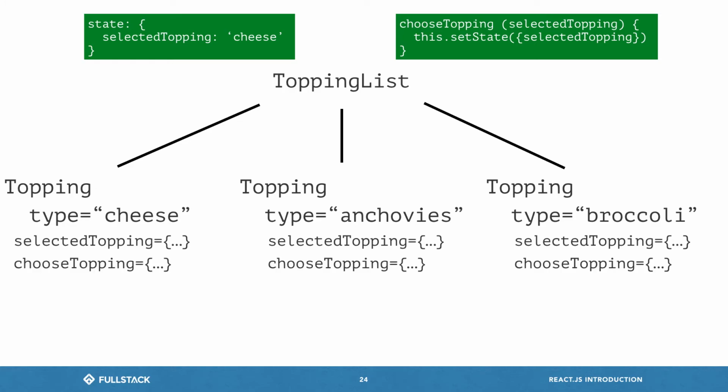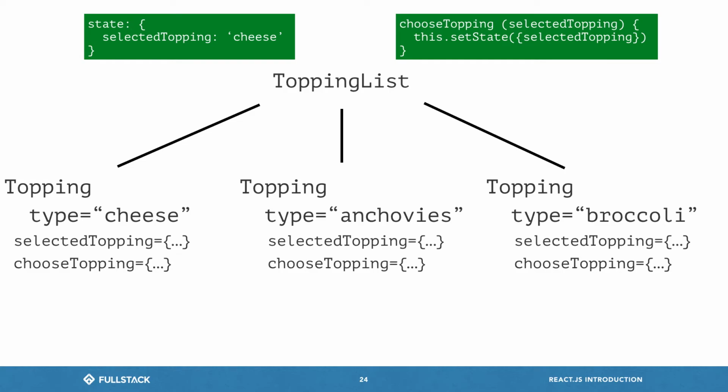So we're going to pass this function down as a prop also. So now topping has both the selected topping and choose topping, which means that topping can invoke choose topping, pass itself to that function, and that will update the state in topping list, which is really cool.